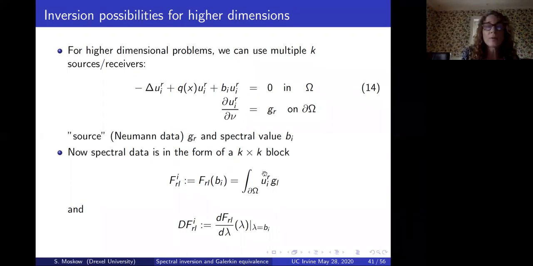R would be the Rth source, and L is the Lth receiver. The receiver means just integrating against the Lth Neumann data. So you have these block data, and also their derivatives. Let's assume we have these block spectral values and their spectral derivatives.